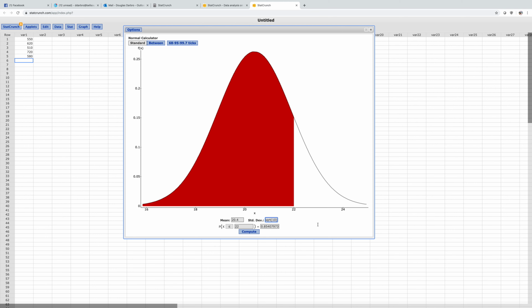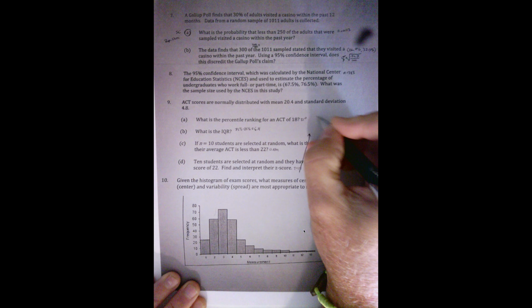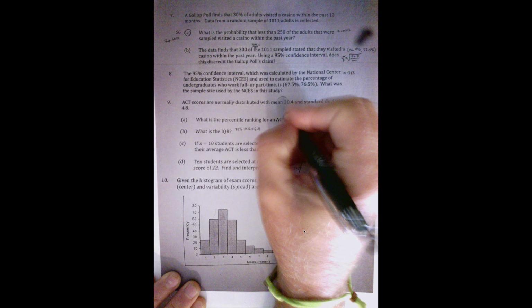Okay, 10 students are selected at random and they have an ACT average score of 22. Let me bump back over here. I got a little place up here that I could write. So the z-score is going to be the average, which is 22, minus the 20.4, and the standard deviation is 4.8. Since we're taking the z-score of an average, not an individual score, how many people do we have? 10?